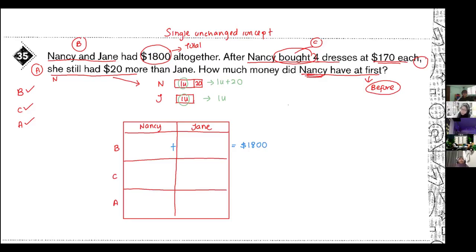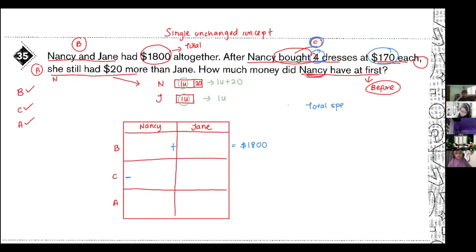Okay. Then after Nancy bought, so that is my change. I put a change there. Can you see the change there? When she bought 4 dresses, Nancy bought. So something to do here. When I say bought means I spent money. Okay, I spent something. But that something is 4 dresses at $170 each. You need to find the total amount for dresses.